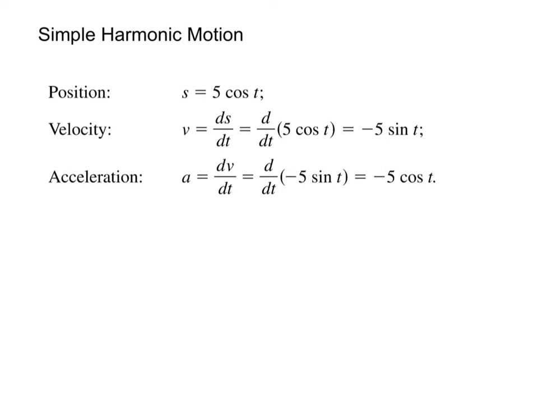We also know that acceleration is how fast the velocity is changing, so it's the derivative of the velocity function. So you can see this is a very simple example of what simple harmonic motion shows. If we have a position function, we can calculate the velocity function, and we can calculate the acceleration function.